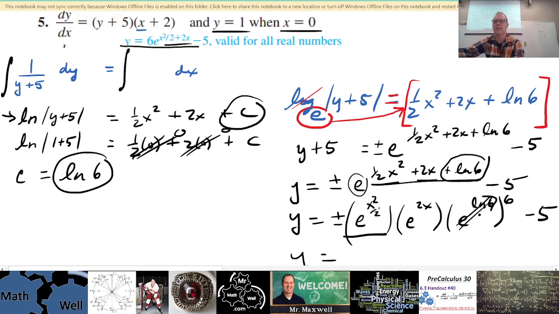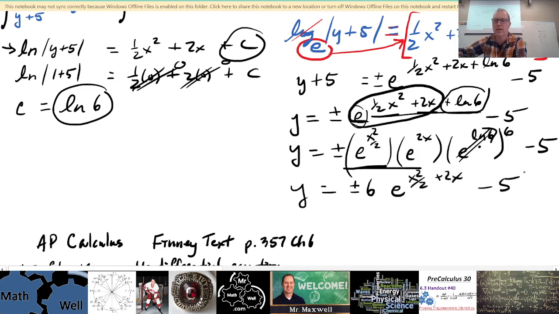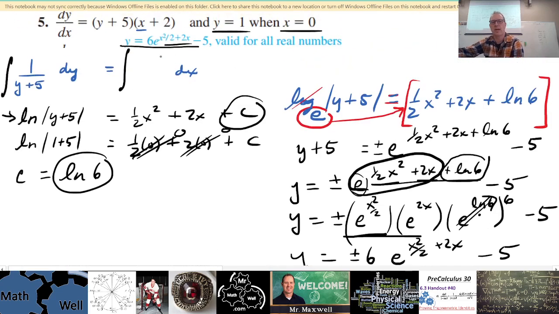So you have 6 times these two things. And these can be written like this, or just like this, you see. So plus or minus 6 times e to the x squared over 2 plus 2x, minus 5. That is how they have their answer written here.